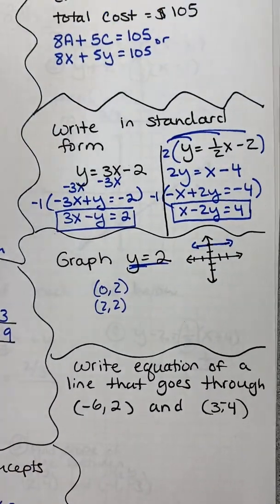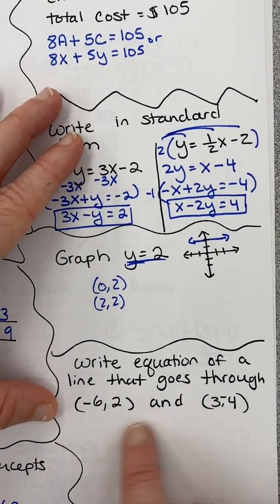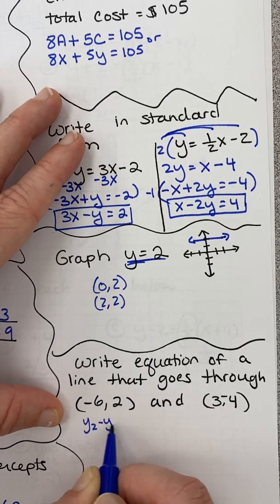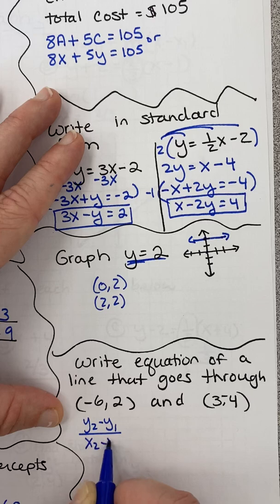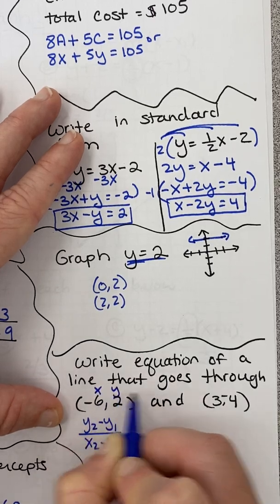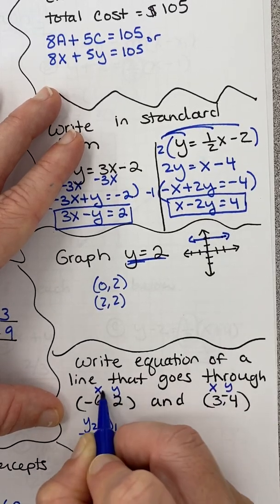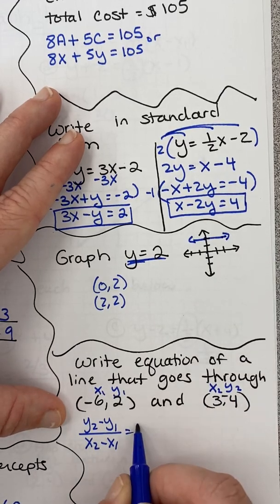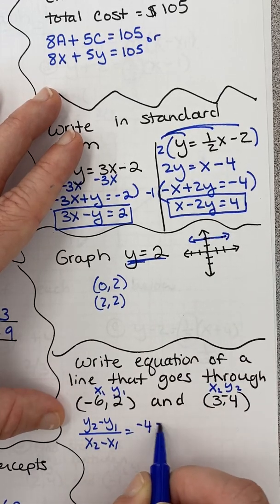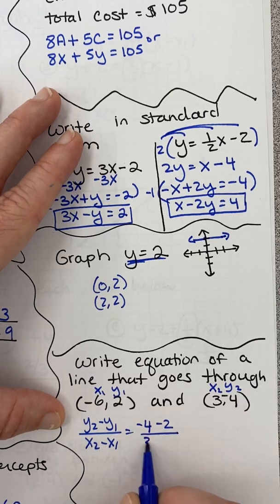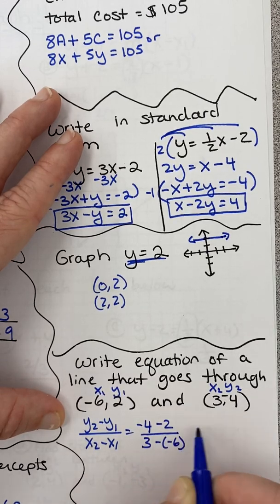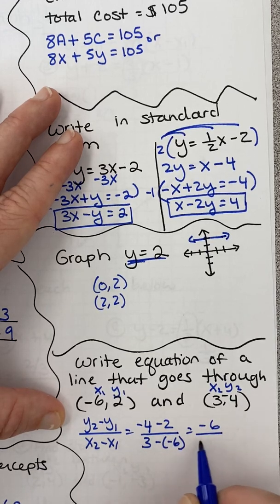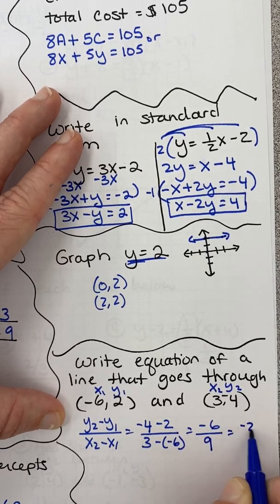Write an equation of a line that goes through these 2 points. So I have to find the slope, y2 minus y1 over x2 minus x1, and now I just fill it in. This is gonna tell me the slope. So negative 4 minus 2, 3 minus a negative 3, negative 6 over 6, negative 1... those two negatives make a positive, negative 2/3.